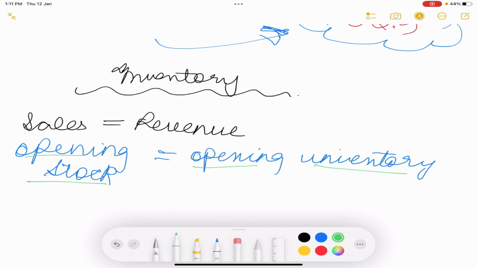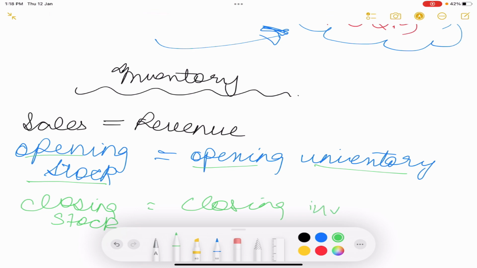Please make a note of this. And the same way, closing stock is the other word for closing inventory.